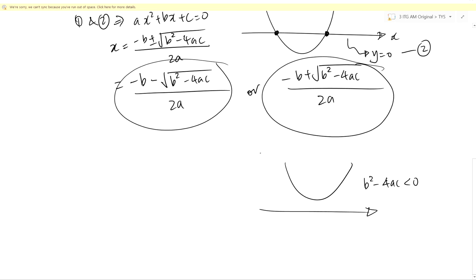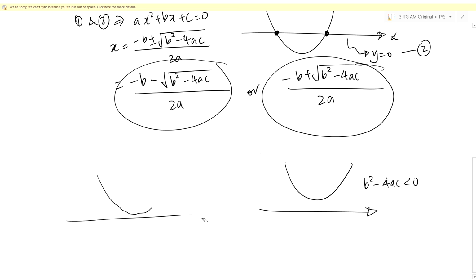Now if b squared minus 4ac is a positive value, then you will get 2 different values of x. Because it is minus b, subtract a number, divide by 2a. The other one is minus b plus the same number, divided by 2a. So you will get 2 different values over here. 2 real distinct roots.